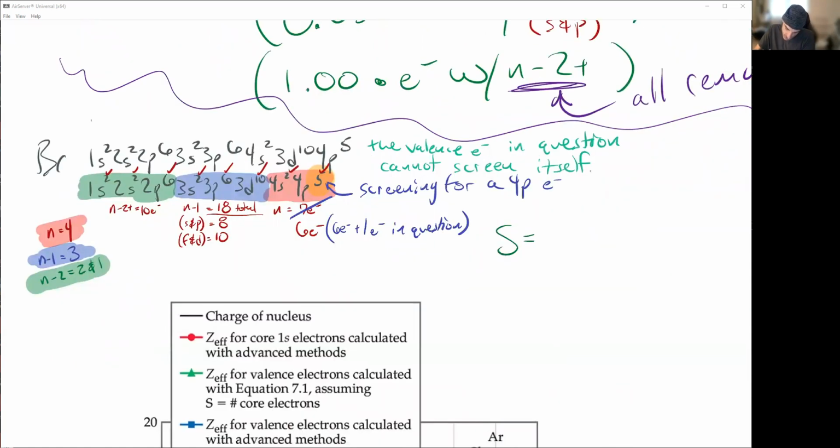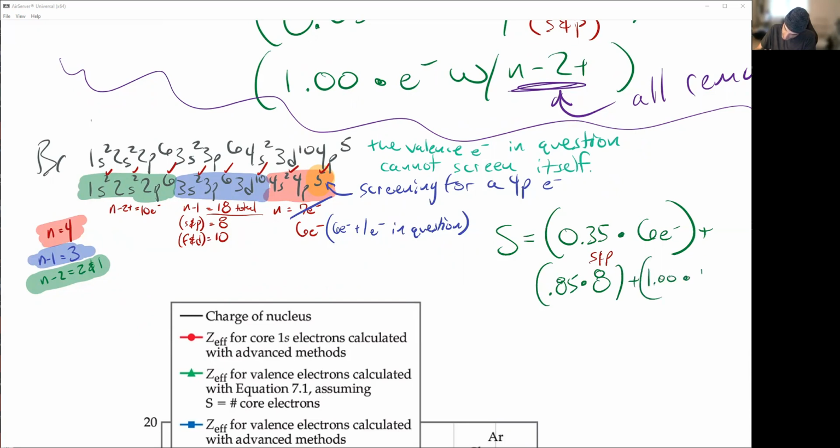So let's apply Slater's rules. The screening is equal to 0.35 times the 6 electrons, plus 0.85 times 8 S and P electrons, plus 1 times the 10 electrons, which are the D and the F. One for all the remaining electrons, which is 10 electrons remaining.